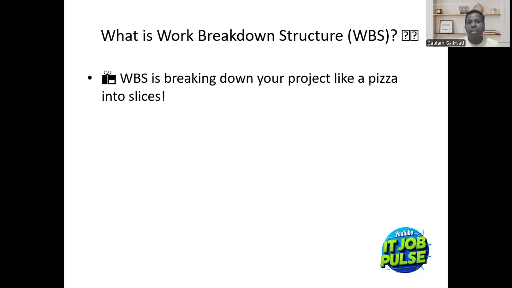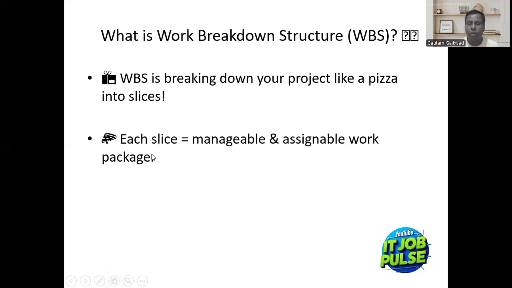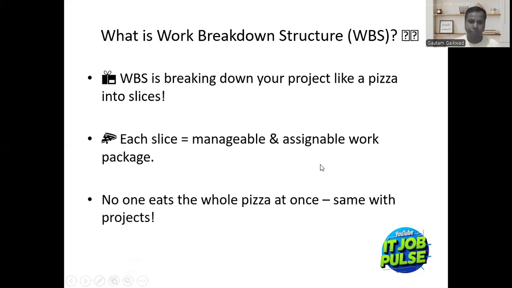Each one of you can have two slices, and this way you can break down your pizza and eat it. It becomes easy for all three of you to eat two slices. Each slice is equal to a manageable and assignable work package. So no one eats the whole pizza at once.